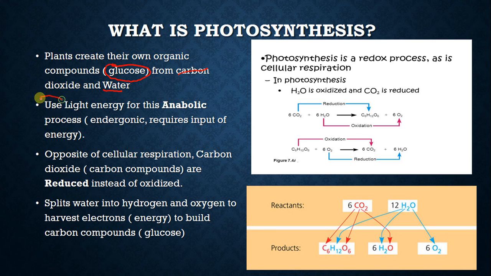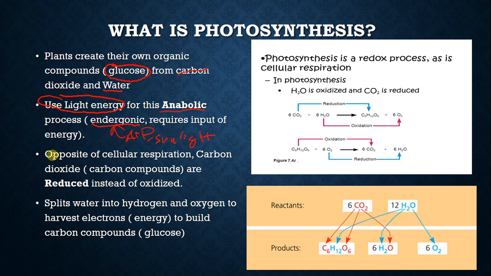They use the energy that's stored in light, in photons, for this anabolic process, building more complicated compounds, glucose, from simpler ones, carbon dioxide and water. So it's endergonic. It requires the input of energy from ATP and sunlight.